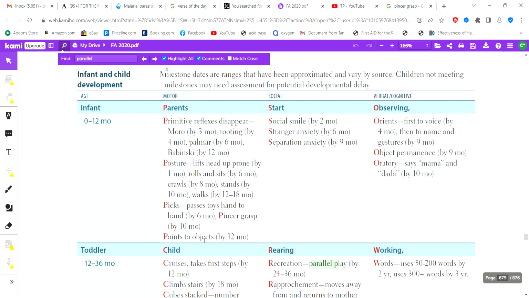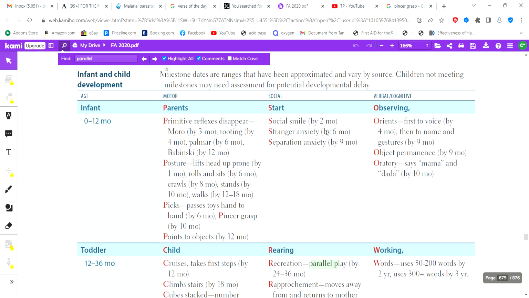And you first see this at 10 months old. You can remember that pincer grasp is at 10 months old.